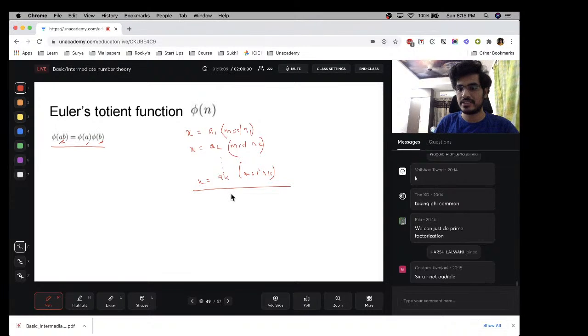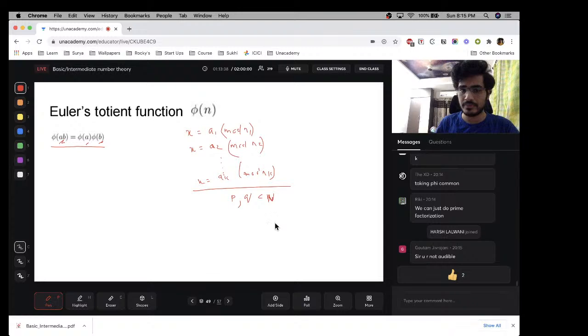Let us say there exist two numbers p and q which satisfy these equations. p equal to a1 mod n1, p equal to a2 mod n2, and so on up to p equal to ak mod nk, and q equal to a1 mod n1 and so on, such that p comma q both are less than capital N. Capital N is the product of all the n1, n2, n3, up to nk.